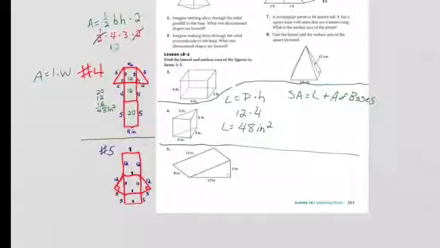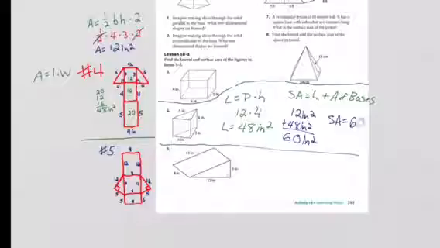So 4 times 3 is 12. That's my area, so it equals 12 inches squared. Then I add the 12 inches squared plus the 48 inches squared, and I get 60 inches squared. So my surface area equals 60 inches squared.